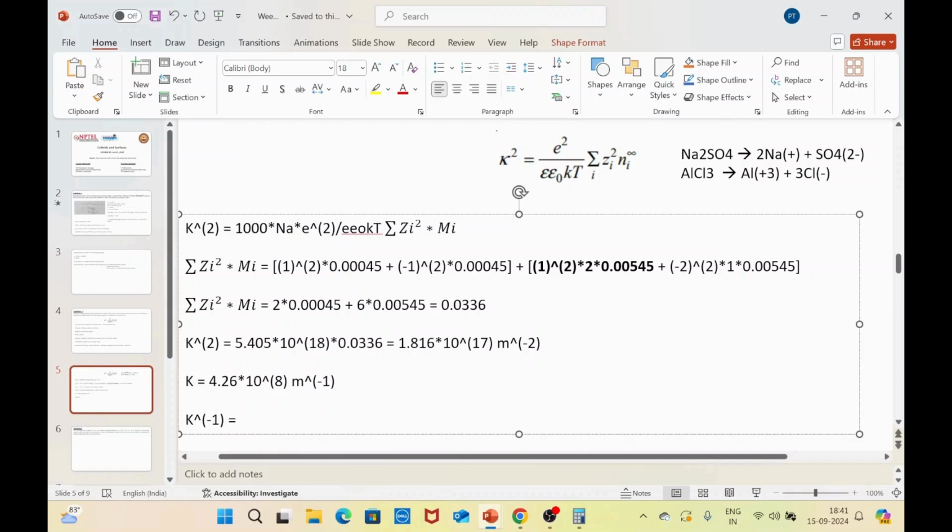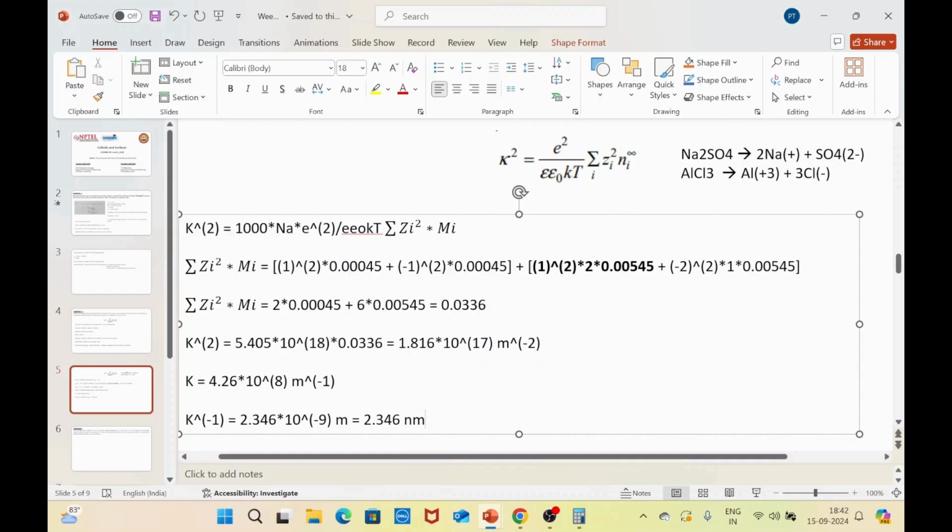It is somewhere around 2.346 times 10 to the power minus 9 meters. So that will be 2.346 nanometers. So this is your Debye length for the solution.